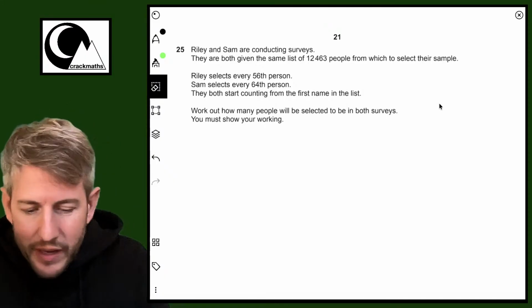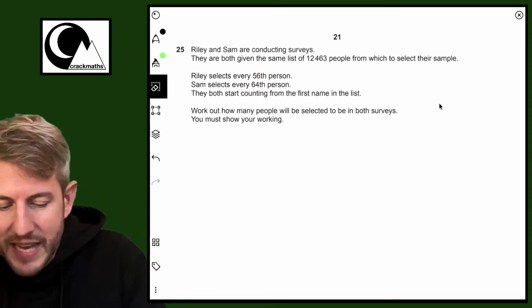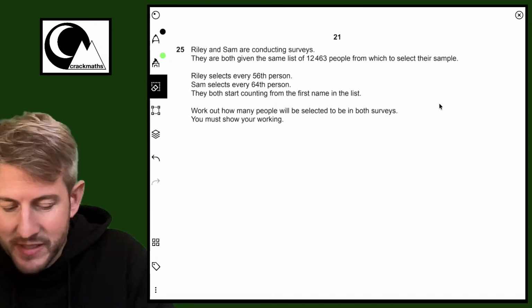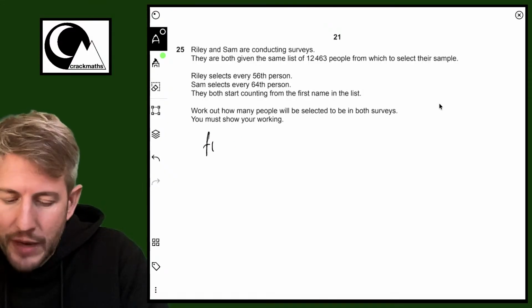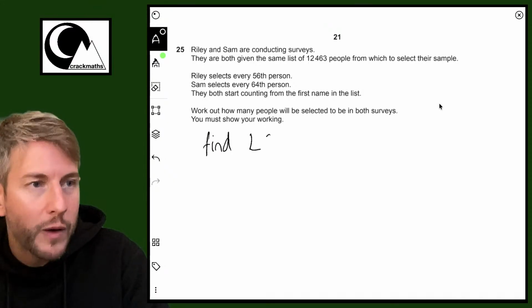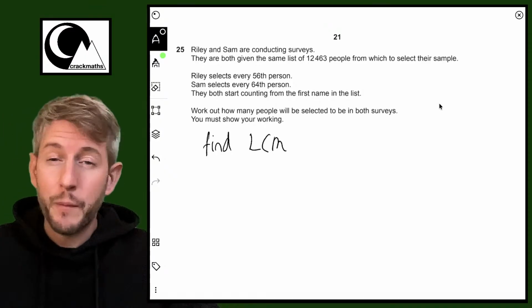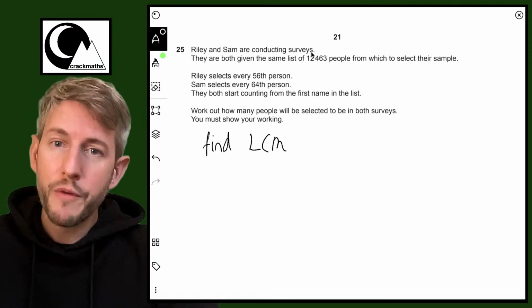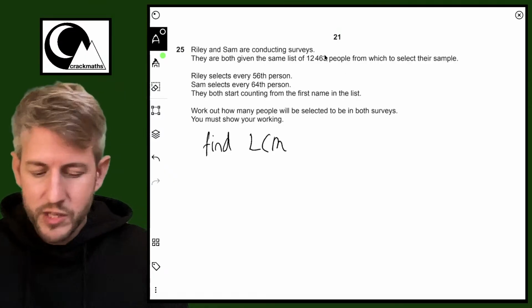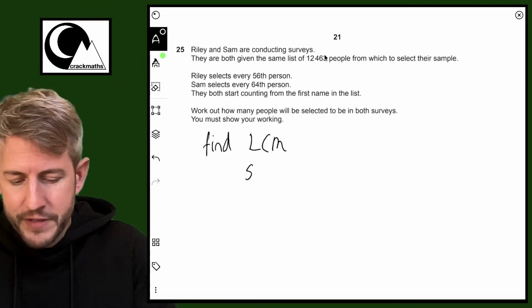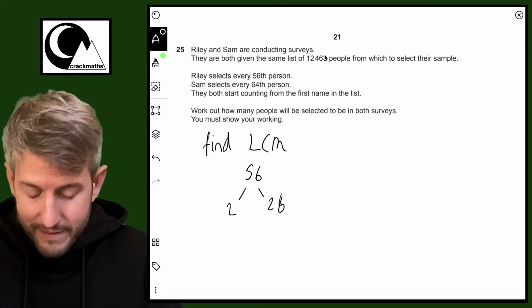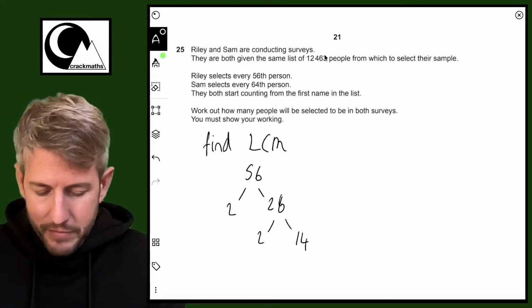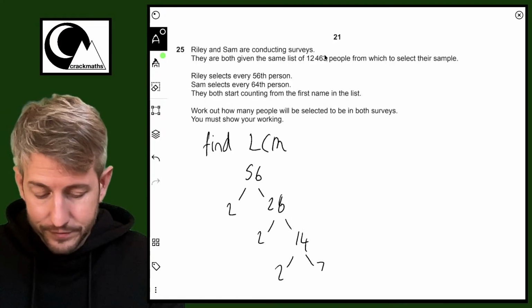Right, what we're going to do here is break this down into prime factor decomposition. We're finding the lowest common multiple, LCM, and then we're finding how many times that exists within this. So find the LCM first. So 56 is going to be 2 and 28, and 28 is going to be 2 and 14, and 14 is going to be 2 and 7.